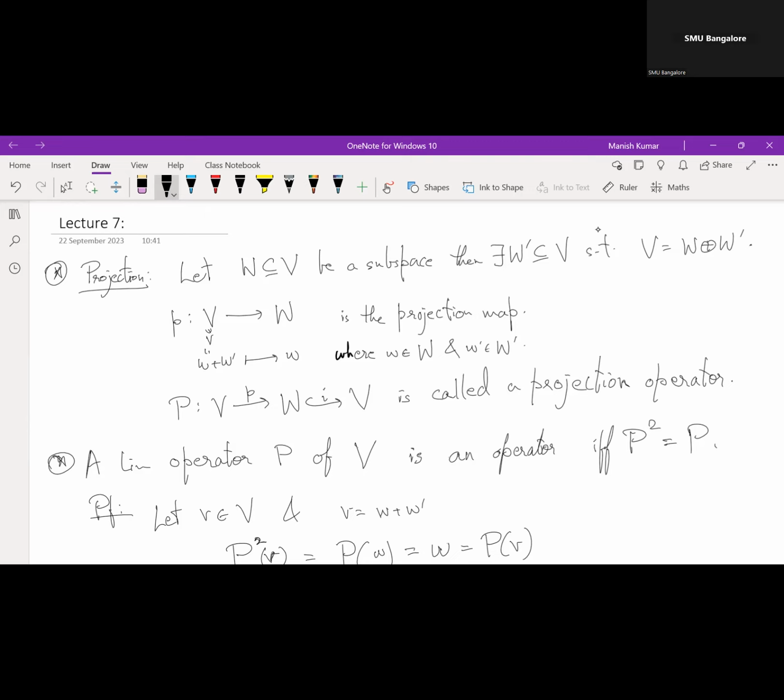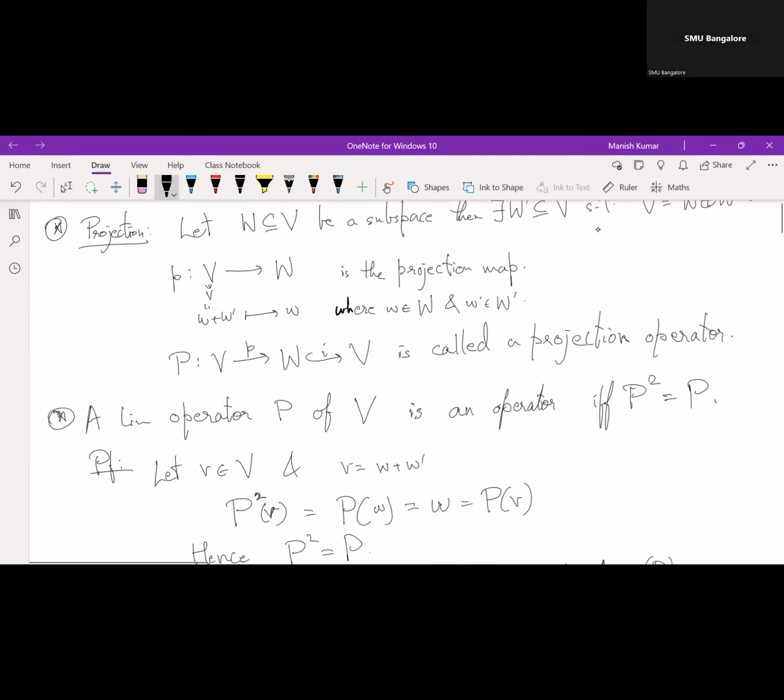Any map which is a projection onto W followed by inclusion has this property that P square is P, and conversely, given an endomorphism which has this property that P square is P, we'll show that you can write it this way.